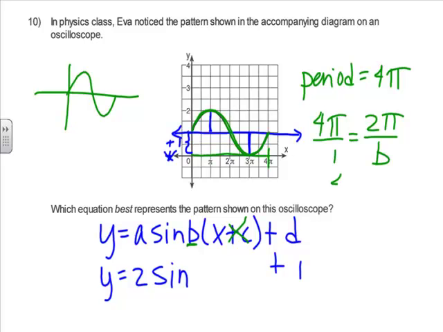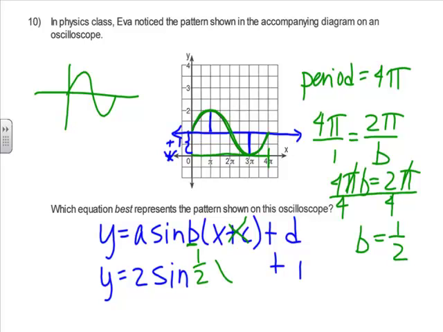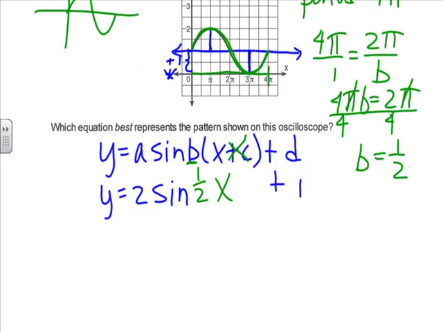So if it's easier for you to see, you can cross multiply. These pi's divide out, and so really all I have to do is divide by 4, and I see that b is equal to 1/2. So I put a 1/2 here, x, and I am done.